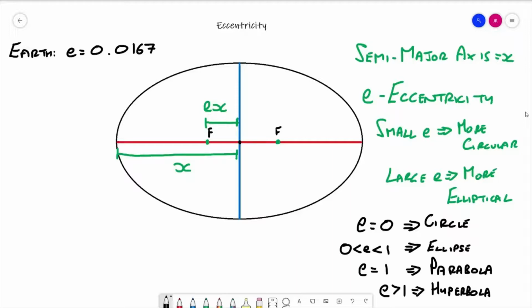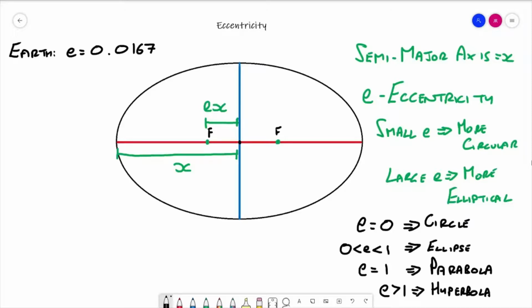Yes, okay, it is elliptical. It is a little bit elliptical, but it's not massively elliptical. It's far closer to being a circle than it is to being really quite elliptical.